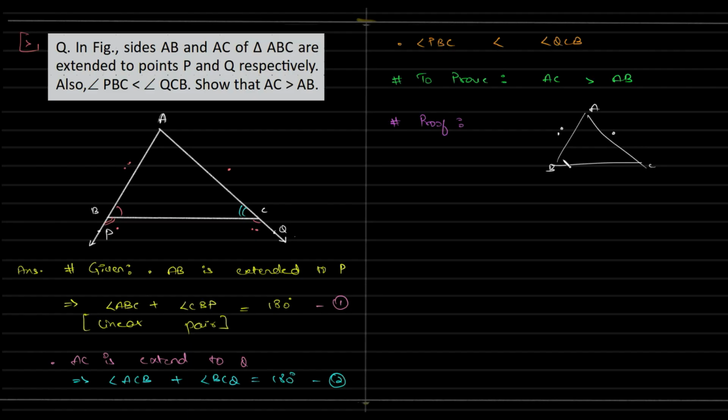For this we need to prove that angle B is bigger than angle C. If you are able to prove this, we are pretty much done. It has to do with some information which is already given. We have a relationship between two angles. Using this, somehow we have to conclude that B is greater than C, and then we'll be able to write this. As simple as that.